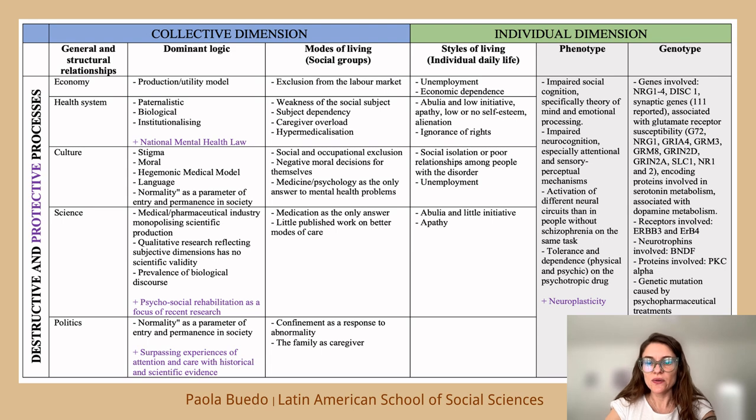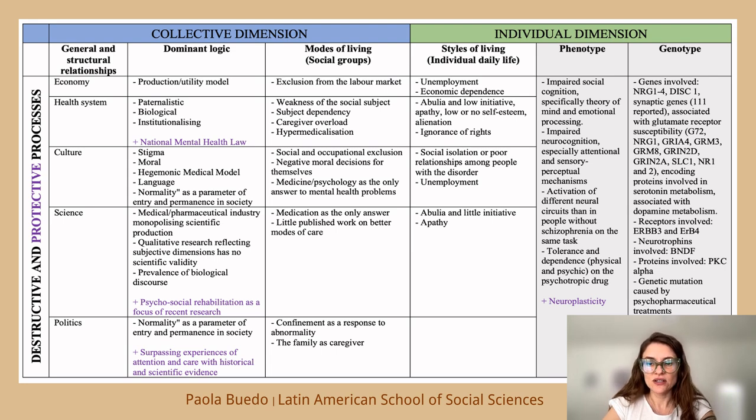So this affects people with schizophrenia as a group. As we can see, they are usually hypermedicalized with poor social interactions and dependent on someone who cares about them, or is in charge of their care, which of course overburdens the person in charge of that.